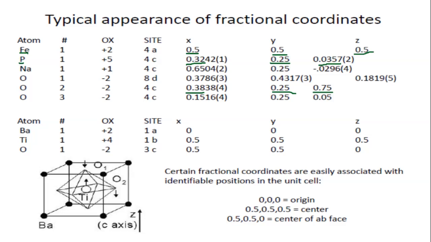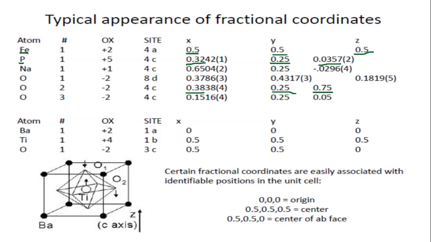So if we look here at this phosphorus, 0.32, 0.25, 0.03, we can't really visualize where 0.32 is in a unit cell, but we can visualize very easily where 0.25 is along the y-axis. So we know that this phosphorus atom is 0.25 along the y-axis, which is a very clean coordinate.